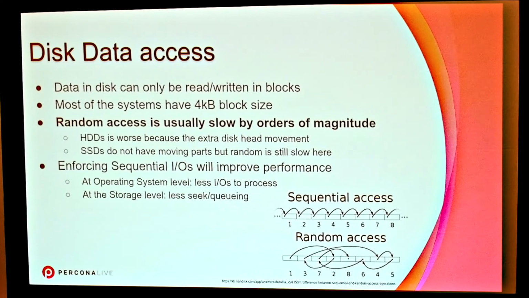And for SSDs and NVMEs, the difference of access between random and sequential has been hugely reduced, but we still have some differences. Sequential is still faster. They've improved, and at some point we might have the same, just like RAM memory, but we still have a few differences.